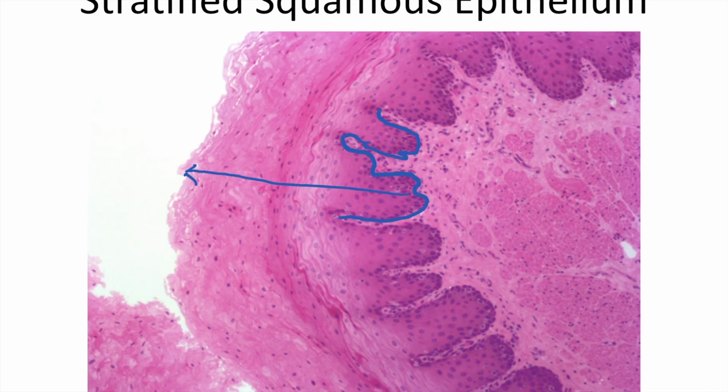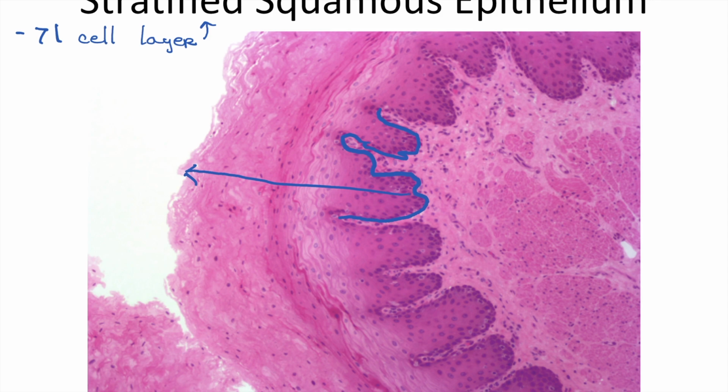We can clearly see that there are multiple layers of cells. Which gives us our stratified portion of the name.